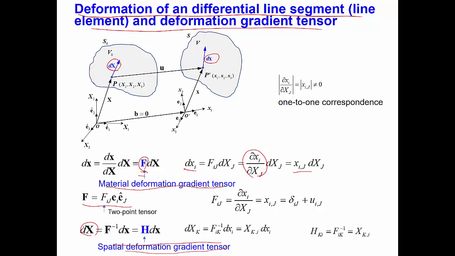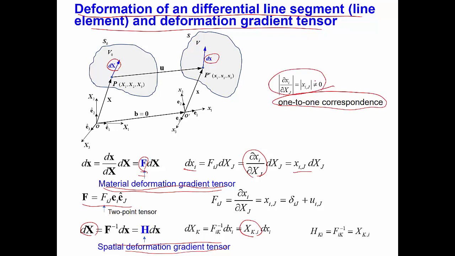From the differentiation of the material coordinate with respect to the spatial coordinates, in a similar way with the material deformation gradient tensor. Now, of course, we assume that the 2 points are one-to-one corresponding.